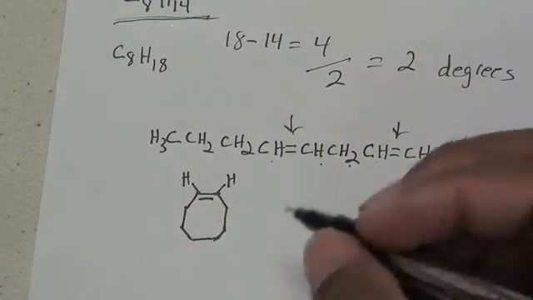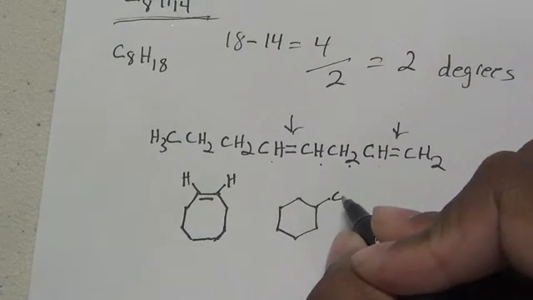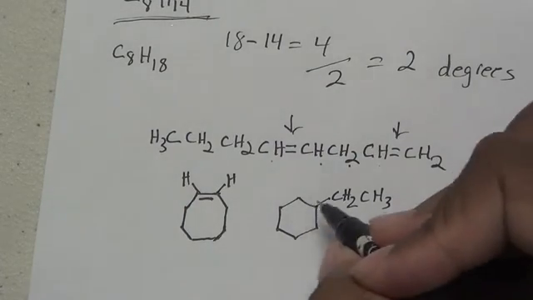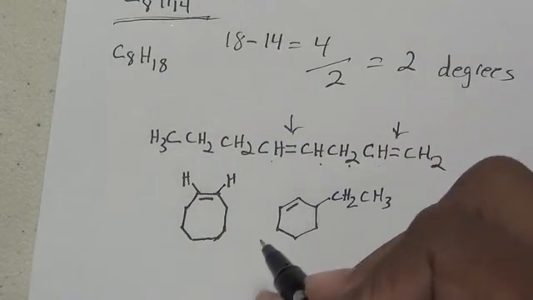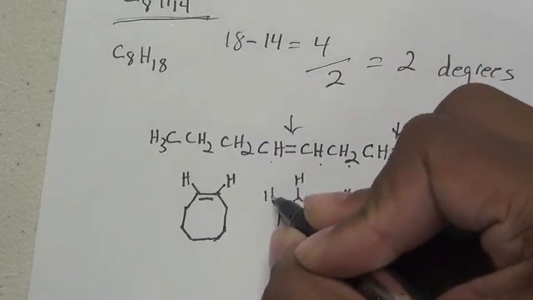One other way that could have been done, I want to show you something that's unique, but this way is sufficient. You could have drawn it like this, and then added a double bond there. So how many hydrogens does that give me?